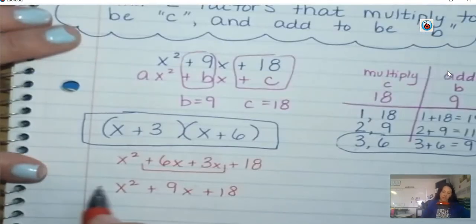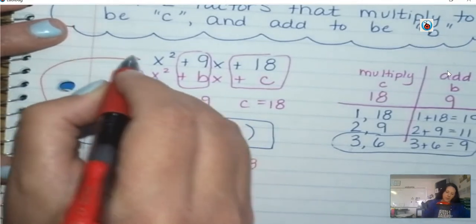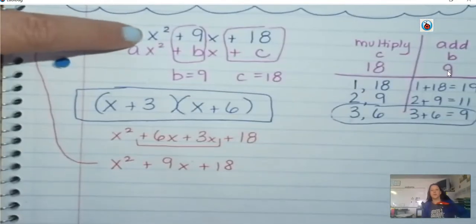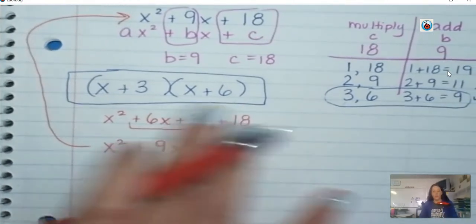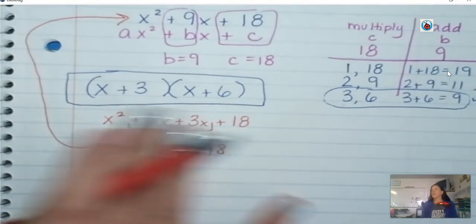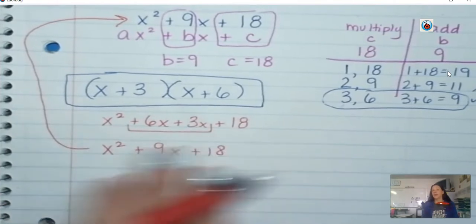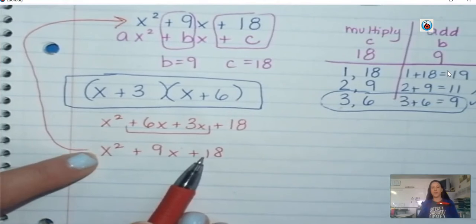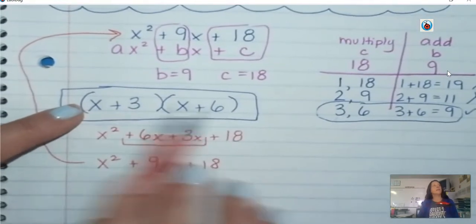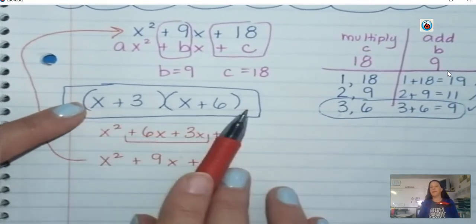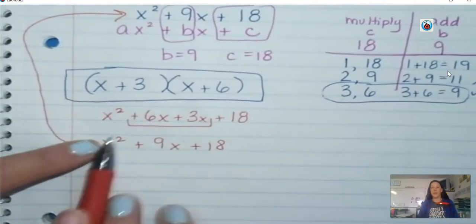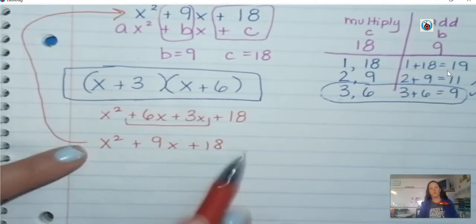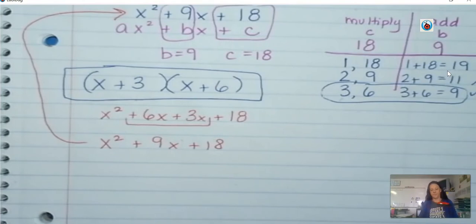And just double check that's what the original question was: x squared plus 9x plus 18. You don't have to do this checking, but if you're on a test or something, you might want to recheck your work by doing that. So that's all it means: you're trying to figure out what binomials multiply together to end up with this whole polynomial.